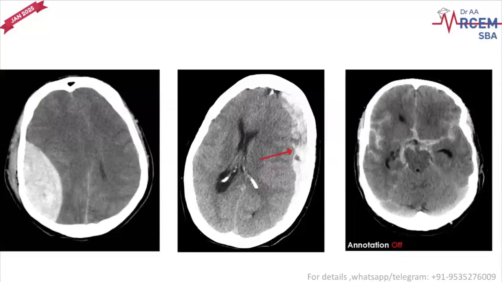Sometimes they might give you images of a CT scan and you have to pick out the abnormality. The white color you're seeing is blood. Why does blood appear white on imaging? Because of the presence of iron, it appears white in color, with the same density as the skull. Whenever there is a fresh bleed, iron is picked up, and it appears white.